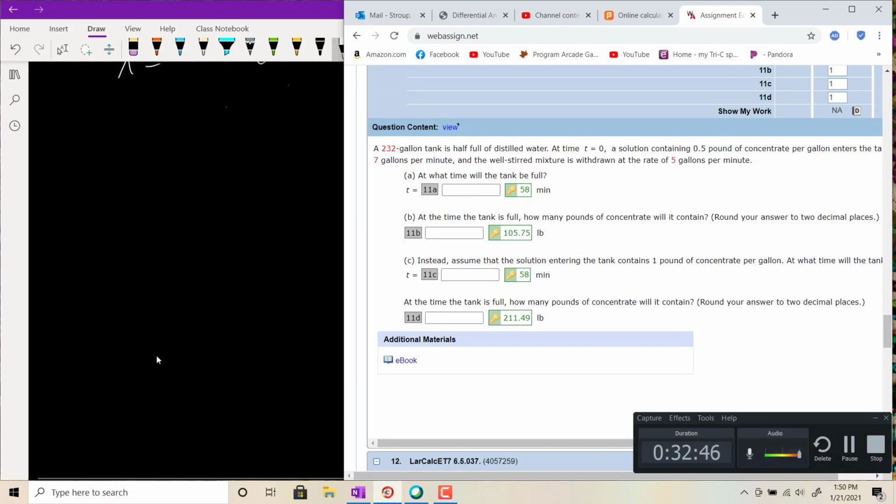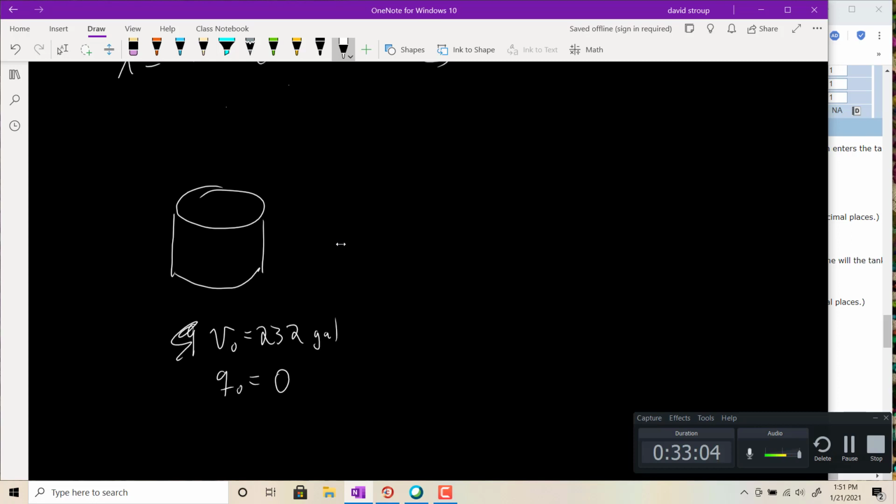Okay, so this time we have a 232-gallon tank full of distilled water. So V sub 0 is 232 gallons, and Q sub 0 again is just 0.